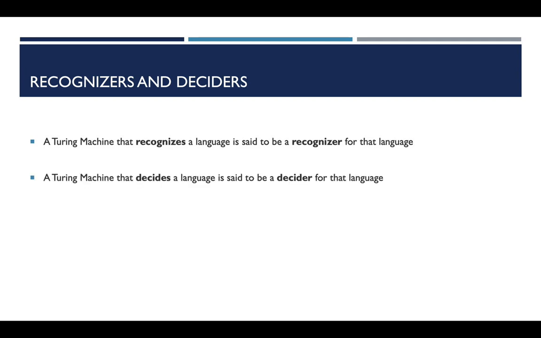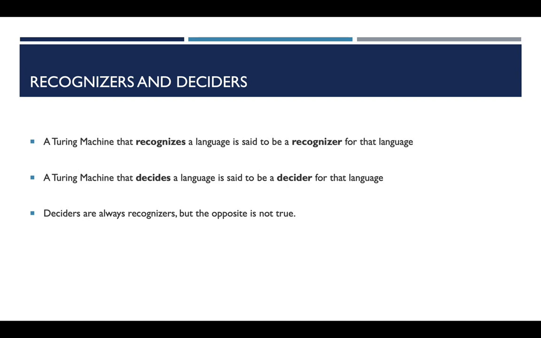A Turing machine that decides a language is a decider for that language. And so a decider is capable of giving me a positive, yes, this string is inside of the language, or telling me, no, this string is not inside of the language without entering into an infinite computation.